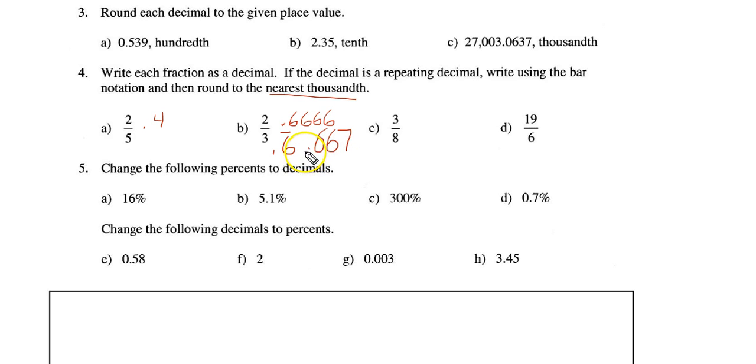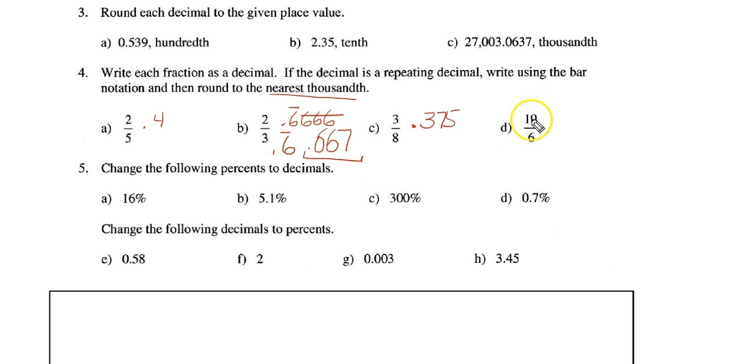So again, you wouldn't write it this way. You would write it with the repeating bar, 0.6. Now 3/8 is again I think it's 375, but I'll have to check that. Number 4. Yes, 375. Again, you're using your calculator for this.